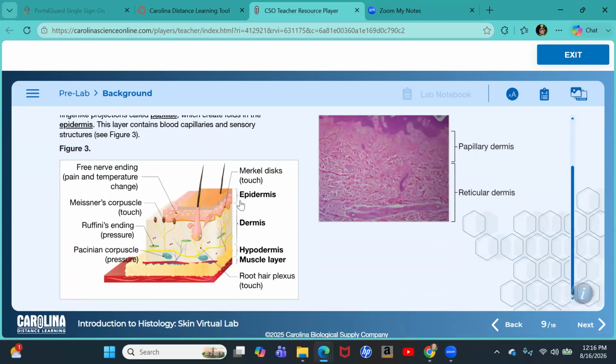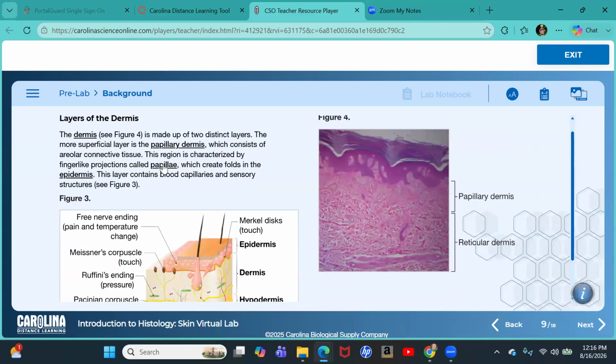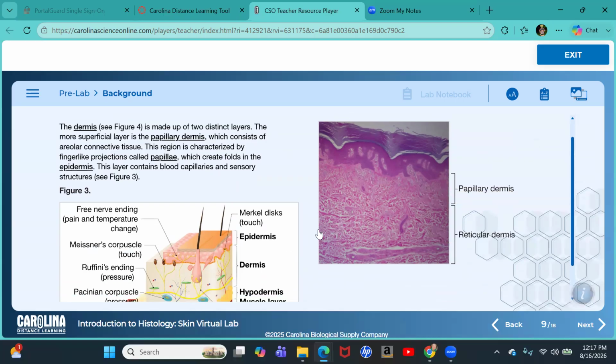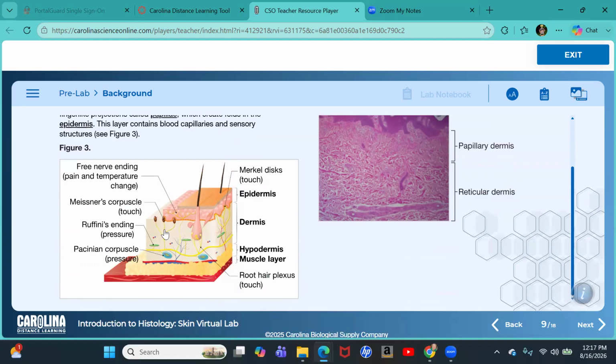When we look at the dermal layer, also known as the true layer or the living layer of the skin, or the reticular dermis, that's all this inner part here. You have your sensory structures. We didn't really talk about the Ruffini corpuscles in the last lecture, but you have your Pacinian corpuscles, your Meissner corpuscles, and these are your Merkel discs.